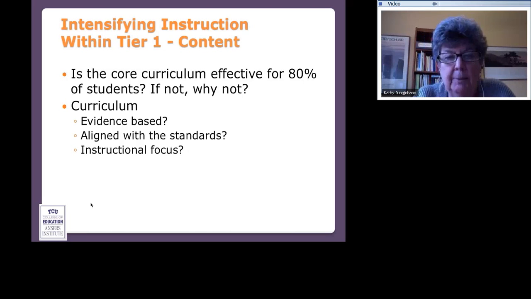And so there might be a mismatch in the curriculum that you're using in your building and the standards that you're trying to align and make sure that your students are meeting. And you also need to look at the instructional focus of that curriculum. Is it addressing the big ideas that are important and that are aligned with those standards?